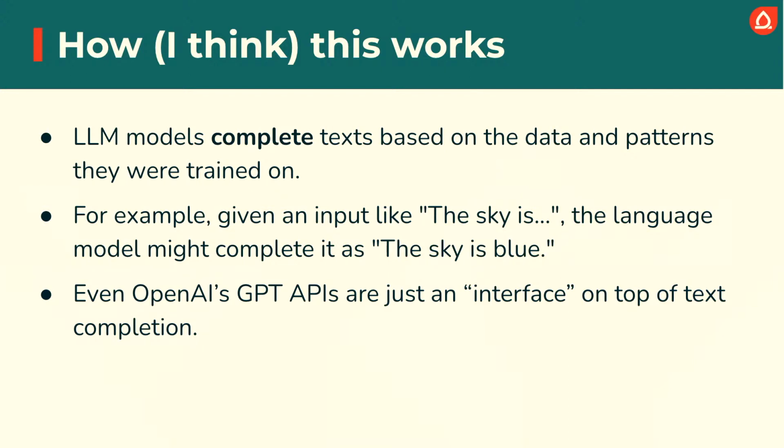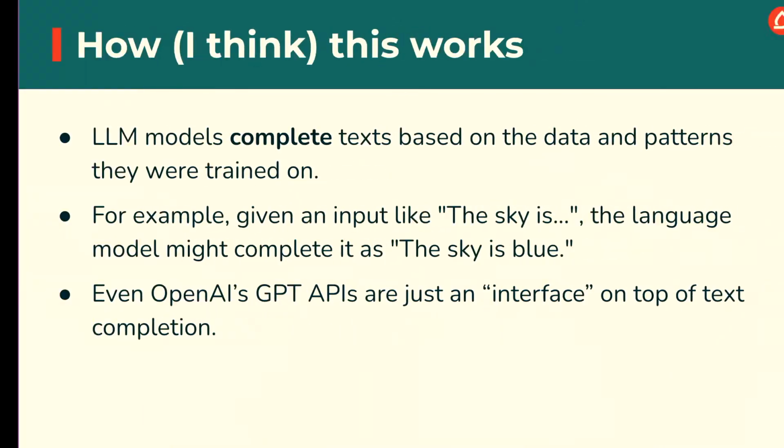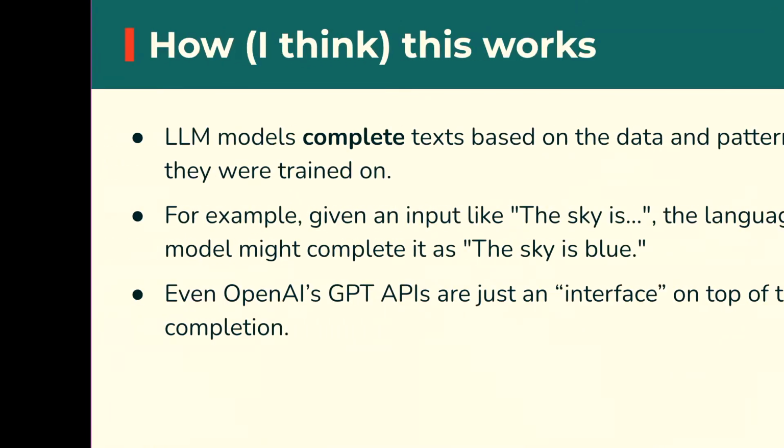This is almost the same way an AI model works: it will try to come up with the most statistically probable next word that comes after the input. Even ChatGPT, when you are chatting with it, is basically that. It's just another interface on top that makes it look like question and answer, but it's just a completion of text.